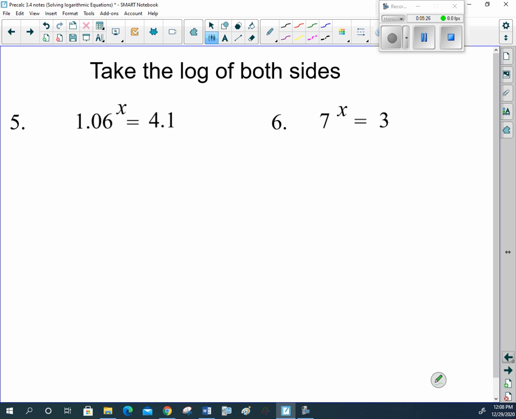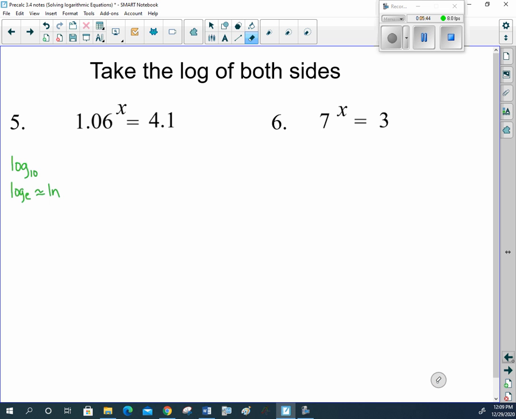Taking the log of both sides means that you're just going to write the log of something on both sides. Now, you've got to pick a base. You could pick log base 10 because that's on your calculator, or log base e, which is natural log, because that one's on your calculator.